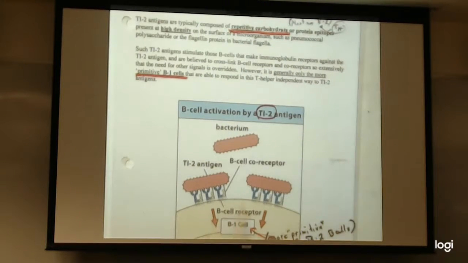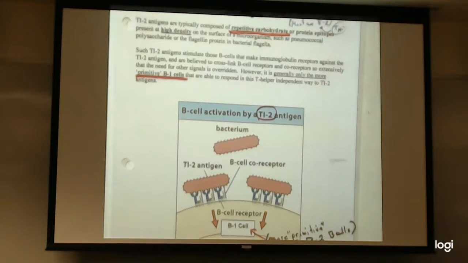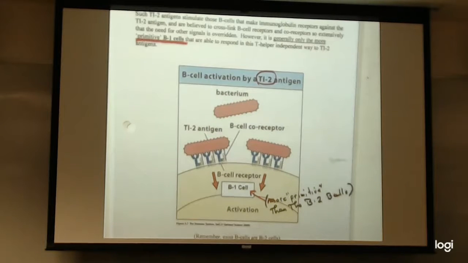So tightly spaced antigen will cluster a whole bunch of B cell receptors, and that's sufficient to activate the pathway strongly enough that we don't require the IL-4 cytokine. Typically, however, with these TI2 antigens, it's the little primitive B1 cells that are activated in this way.